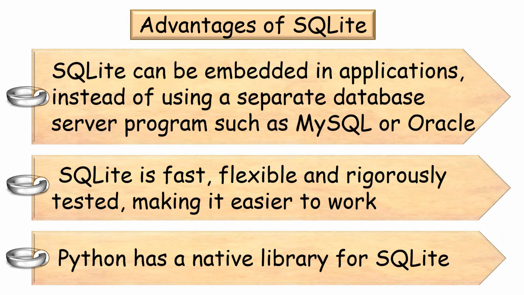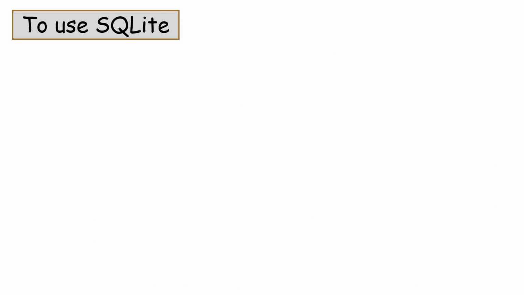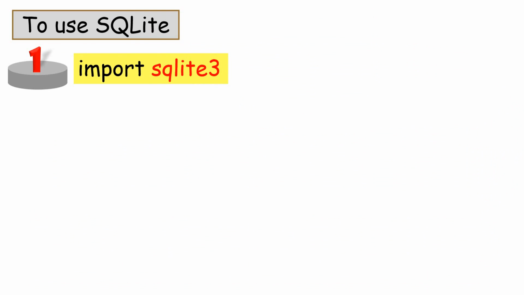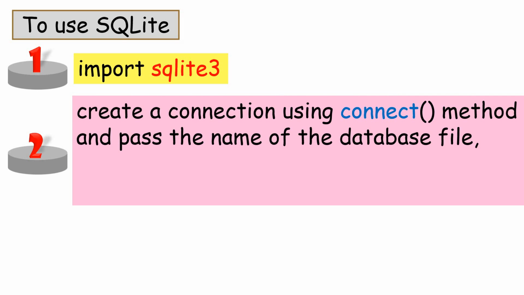You have to follow 3 steps to use SQLite in your Python program. The first step is import sqlite3. Second step, create a connection using the connect method and pass the name of the database file.